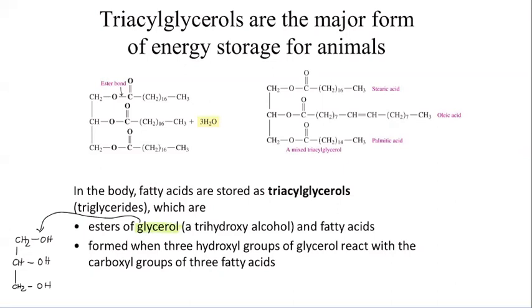Now, understand that these triacylglycerols, which are also known as triglycerides, they don't need to have the same fatty acid in it.